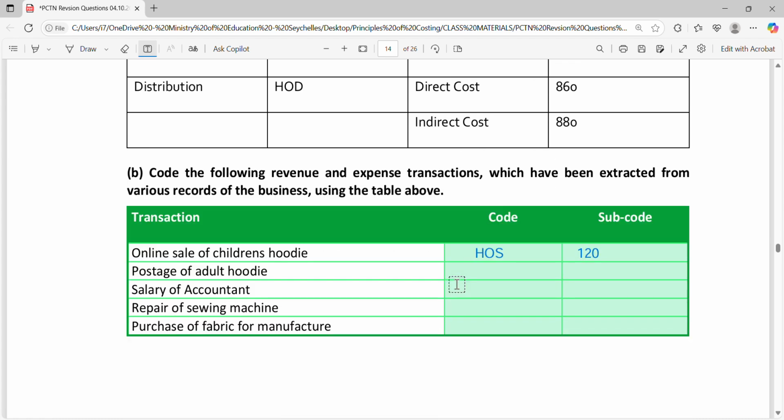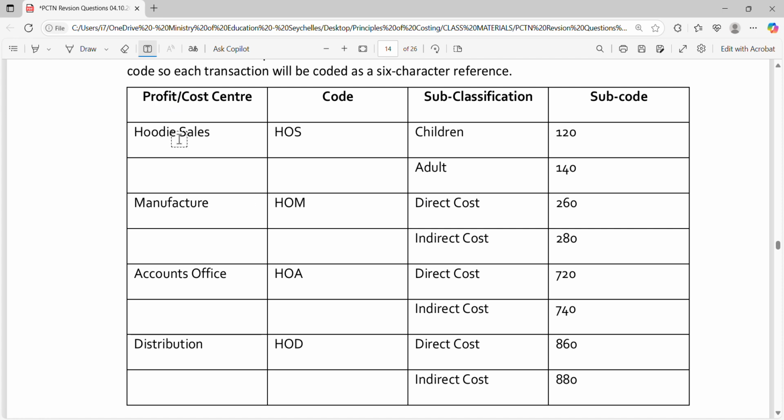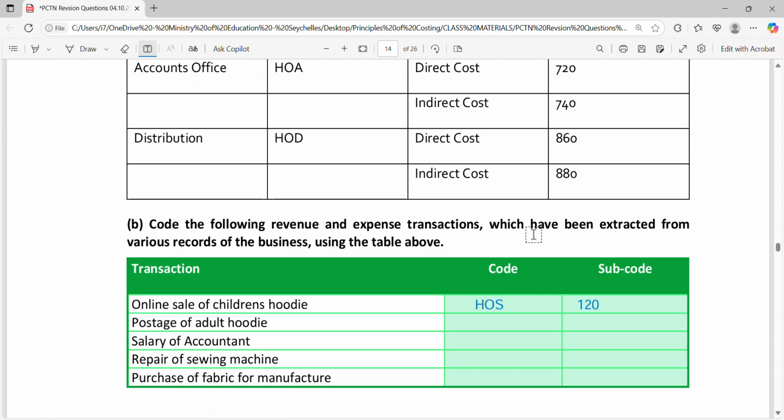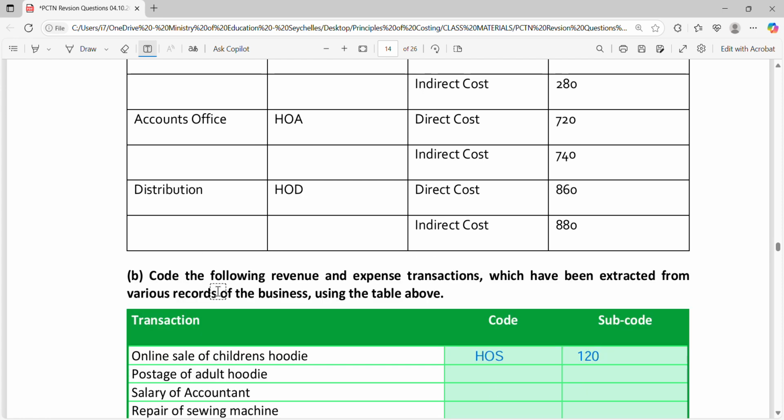All right. So the first one here, we have online sale of children's hoodies. This is a sale, and they are selling children's hoodies. So this one will be HOS, and this one is for children, 120. So HOS 120. Then we have the postage of adult hoodies. Postage here is part of distribution, and what is being distributed here is the product being sold.